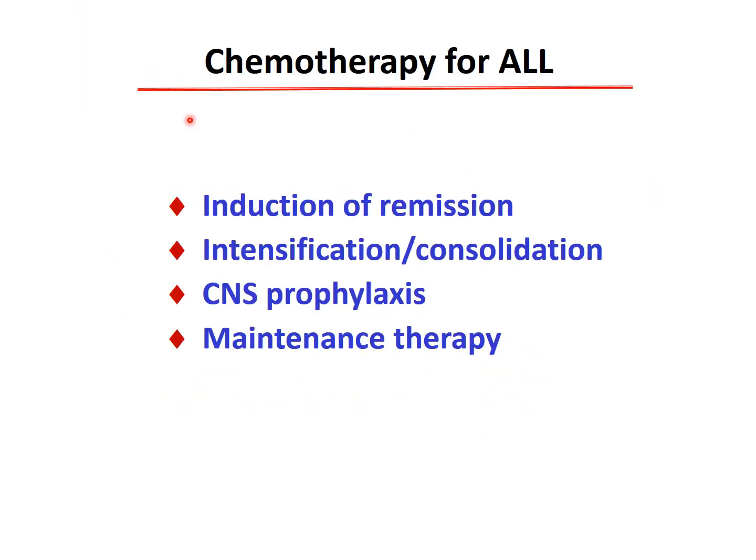And by the cytotoxic therapy, the chemotherapy is going to reduce the blast cells, and this is how the normal cells can later on produce.